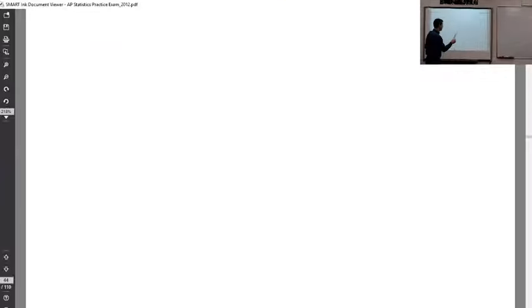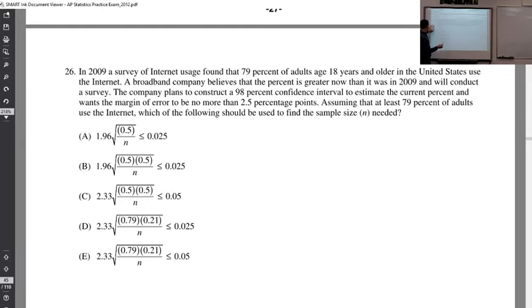26. So a 2009 survey of internet usage found that 79%. So sample size needed for the margin of error. So we're assuming that's 79%. So usually I say if you don't have a good estimate, just use 0.5 because that'll give the largest margin of error. But now we have a good estimate of 79% because our 2009 estimate is there.